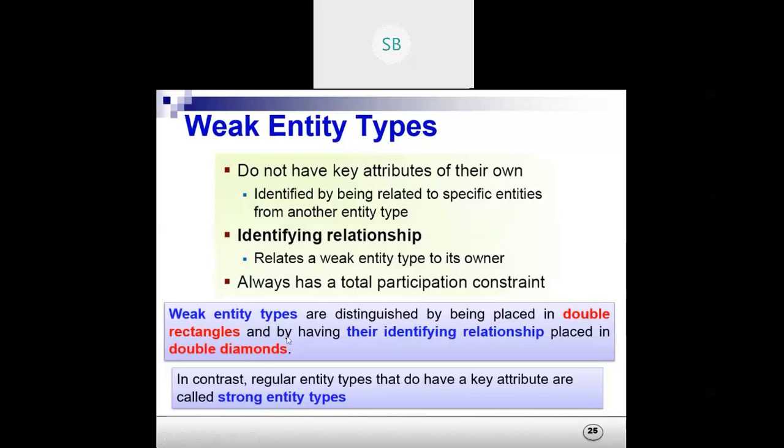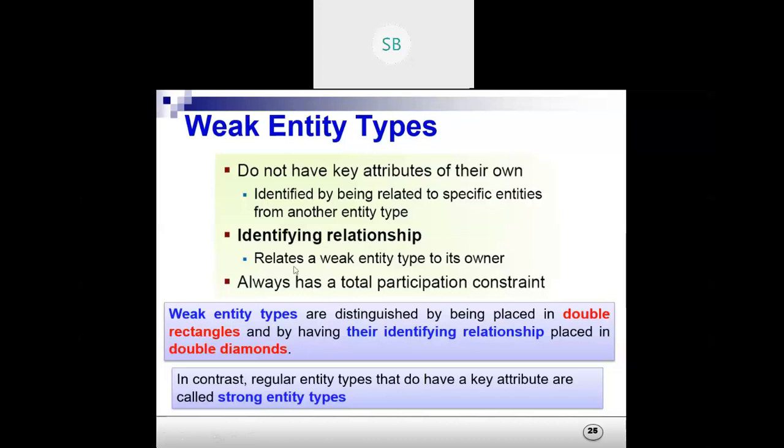And from this weak entity type, we come across one more concept, which is strong entity. Before that we were aware of entity. An entity has physical existence, and it has a primary key. Now we got one more entity, the weak entity, which does not have a primary key.